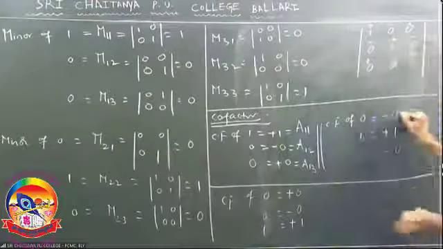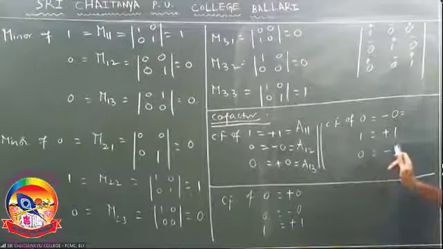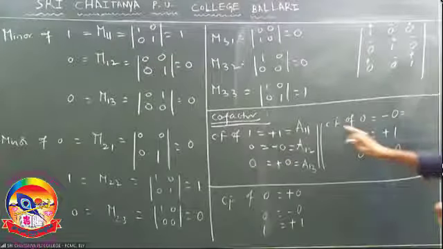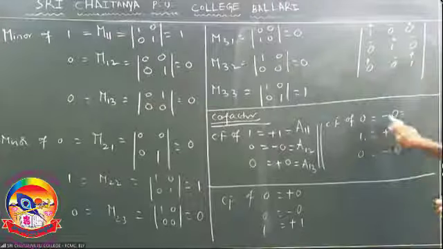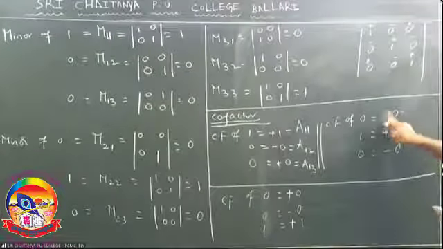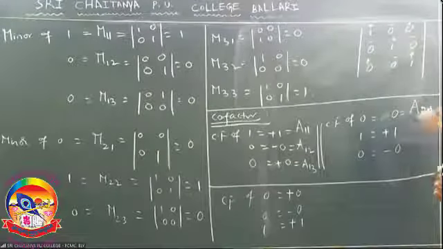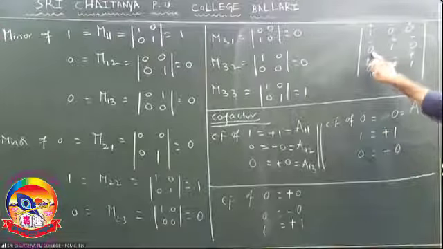Observe here. These are the cofactors of elements concerned to the second row. So, cofactor of 0 is negative 0, obviously 0, okay, ignore it. And now observe, you can write this one as A21. This is the element in the second row, first column.